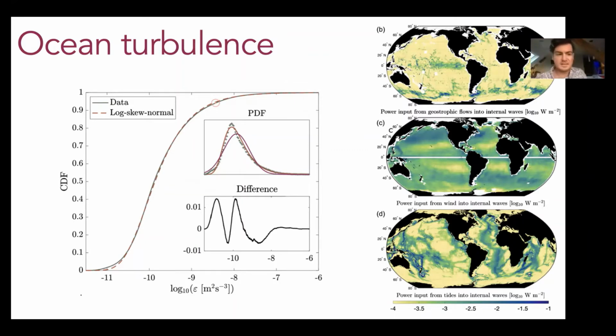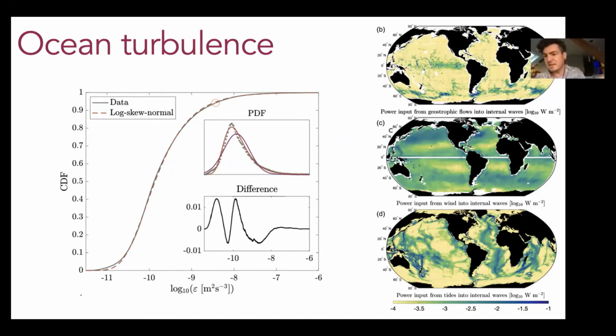The reason for this is basically that in the ocean we have a whole bunch of different processes that generate the turbulence that we observe. And when we're making an observation of a turbulence rate, we're making an observation that is the sum of all of those different processes all happening at once. And so that measurement is not just the measurement of one process, which has a log normal generating mechanism.